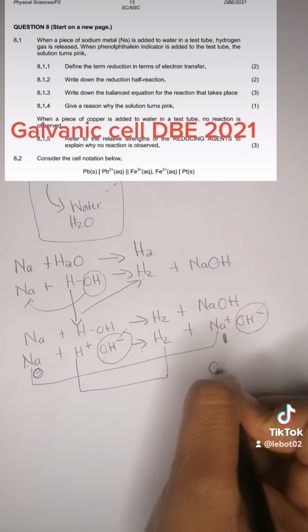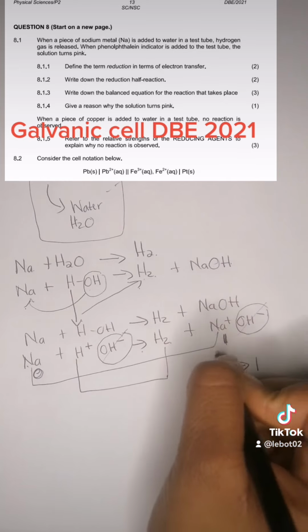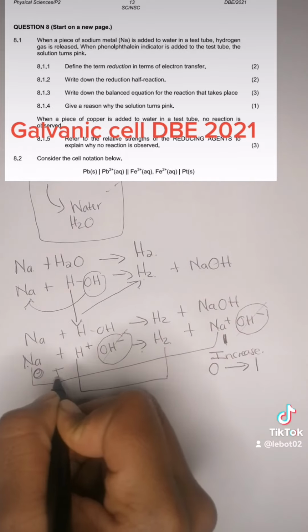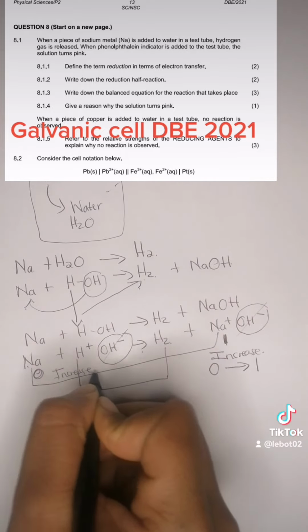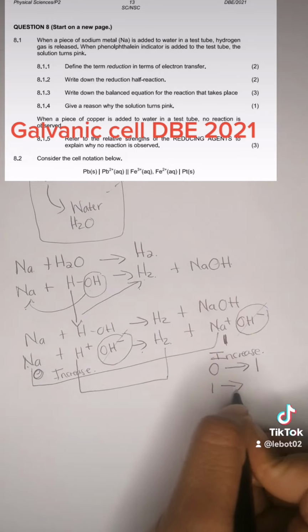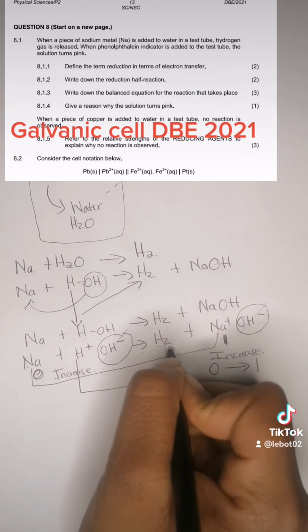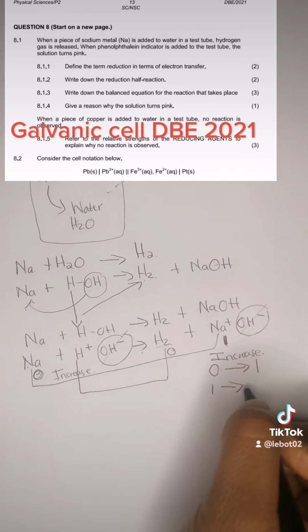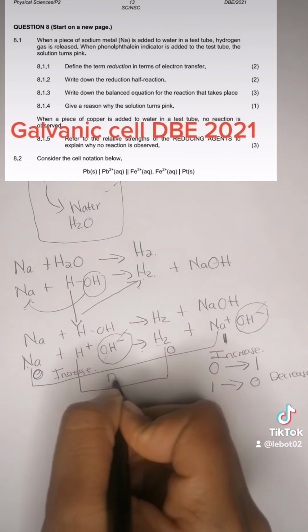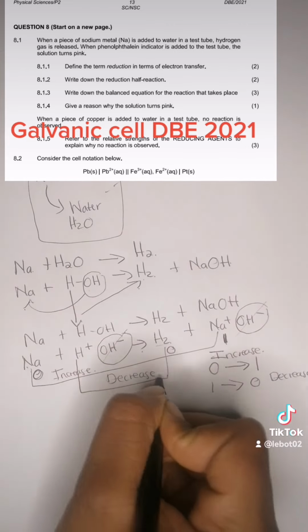And you can see that when you move from 0 to 1, there is an increase in oxidation number. And then you can see that when you move from 1 to a neutral atom which is 0, there's a decrease in oxidation number.